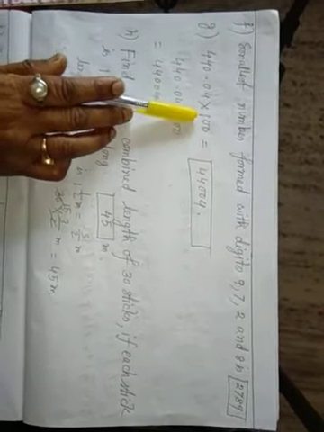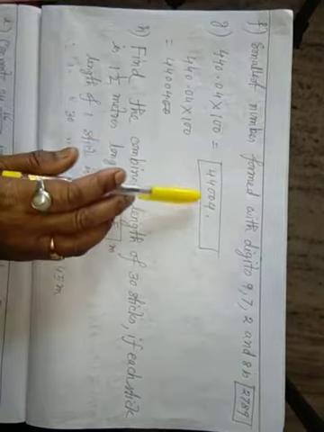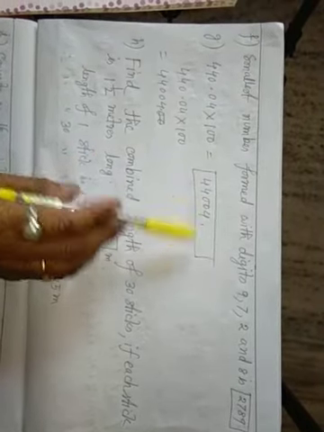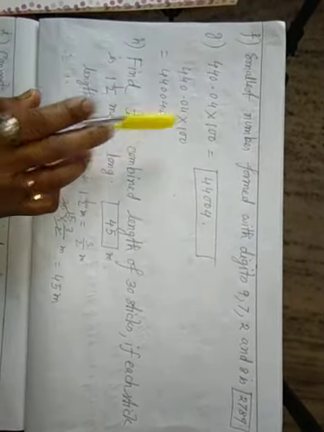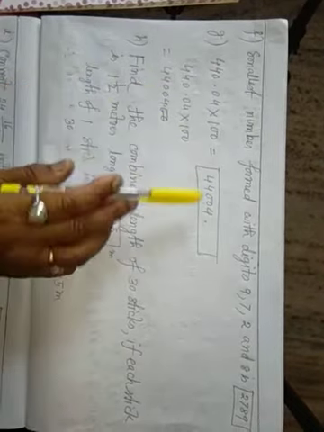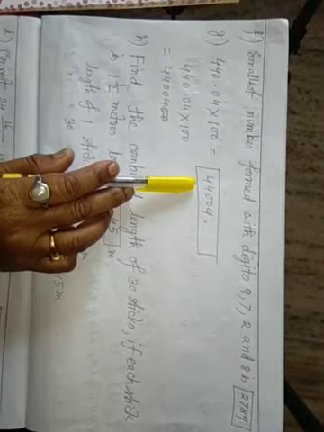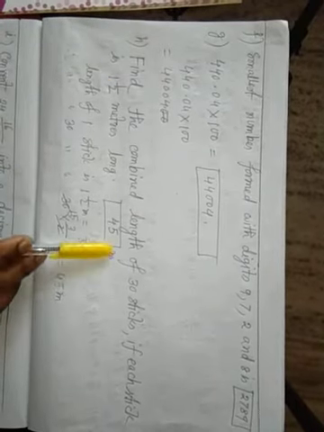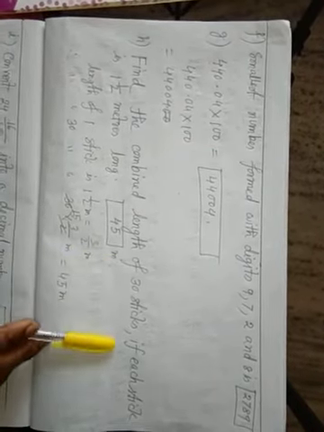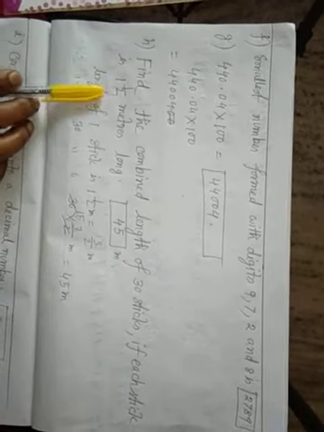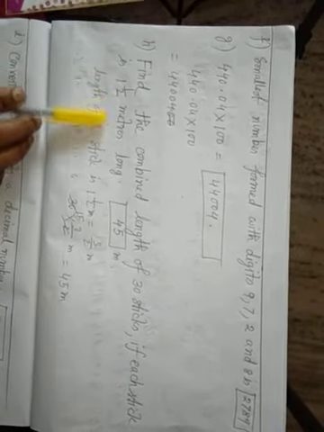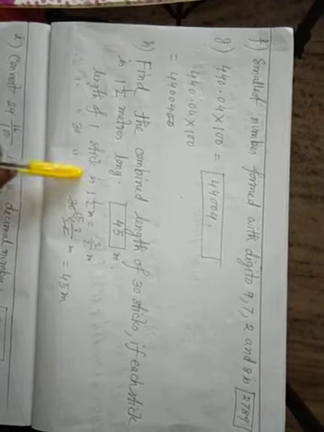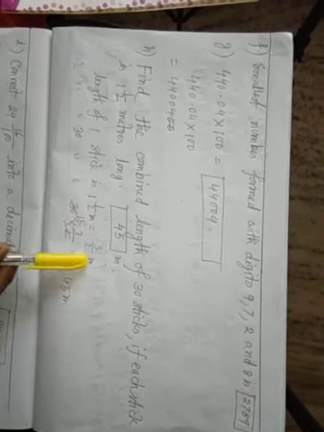G, 440.04 into 100. So 44004, answer 44,004. Okay. H, find the combined length of 30 sticks if each stick is 1 1/2 meters long. Length of one stick is 3/2 meter.